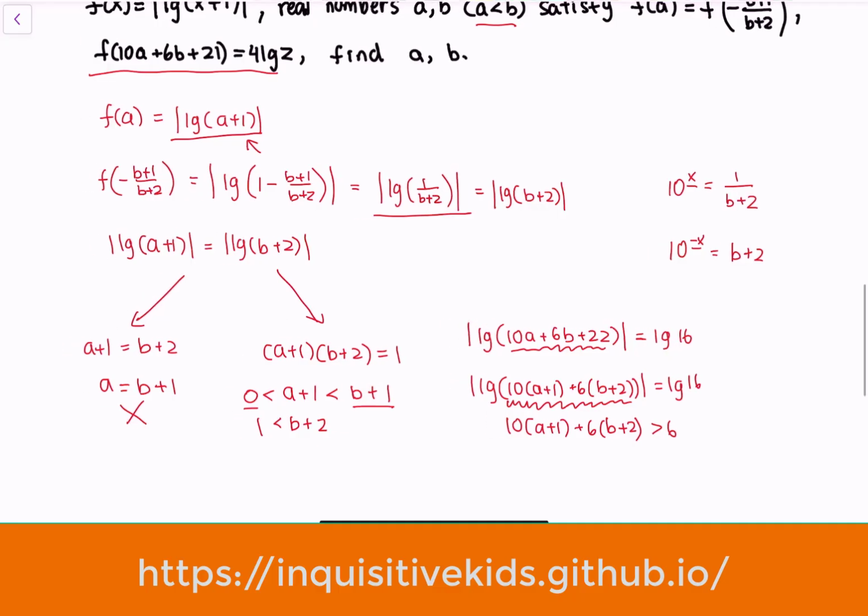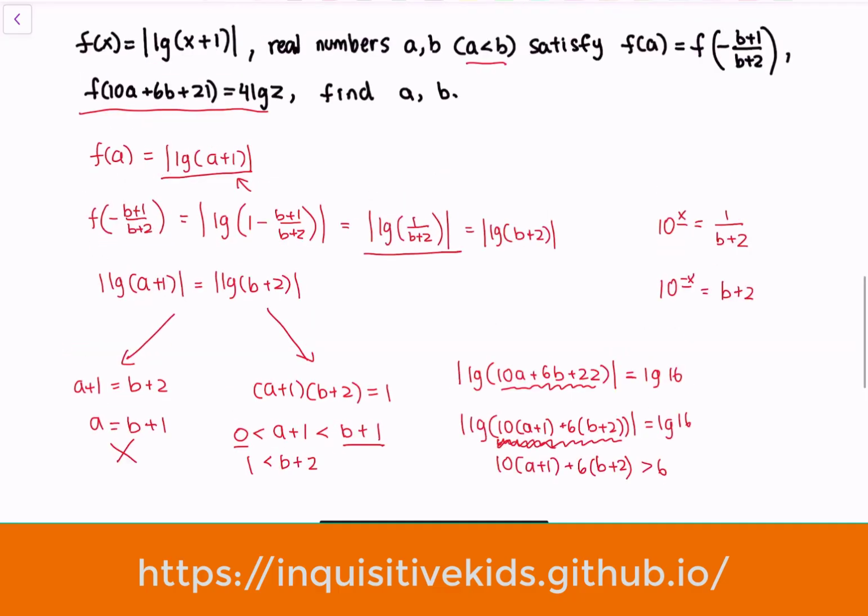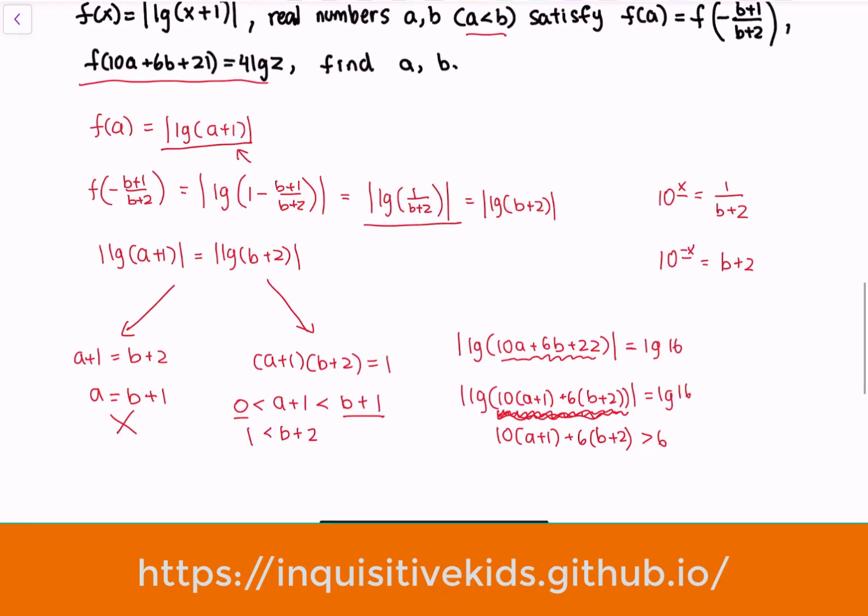So now we have to differentiate whether this expression is equal to 16 or 1 over 16. Well, because we know that this expression has to be greater than 6, its value is 16. It cannot equal 1 over 16.